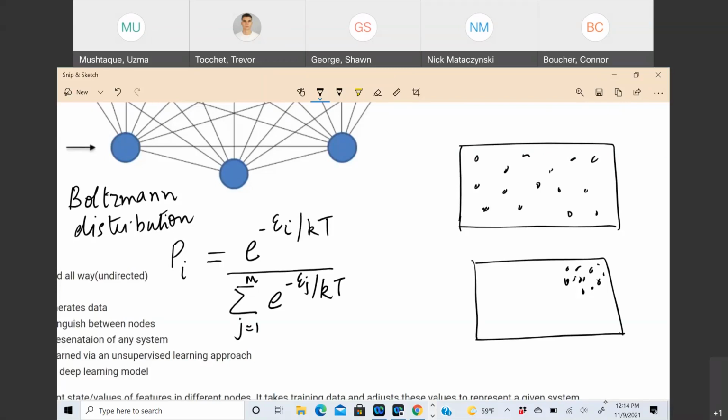Now, if we look at this equation and see the relationship between the probability of the system being in state i and the energy of state i, I can tell that the probability of having a high energy system is low. The probability of having a lower energy system is usually higher. You can see the relationship between this and this energy equation. This is what it's telling us, and this has been observed in so many physical systems.